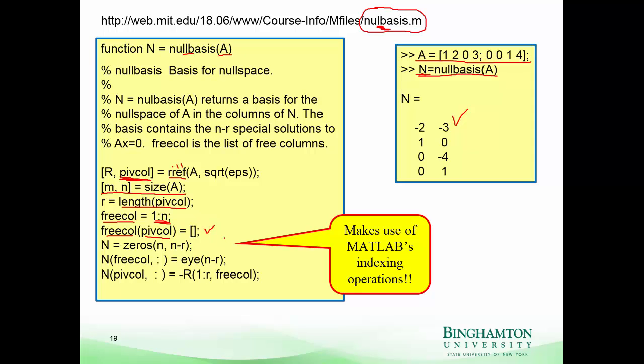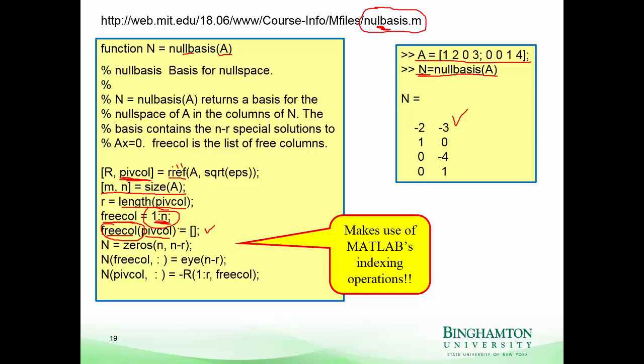And so that's eliminating the pointers to where the pivot columns are and leaving the numbers 1 through n that point to the free columns. So at this point, freecol contains the indices into the free columns, and pivcol contains indices to the pivot columns.